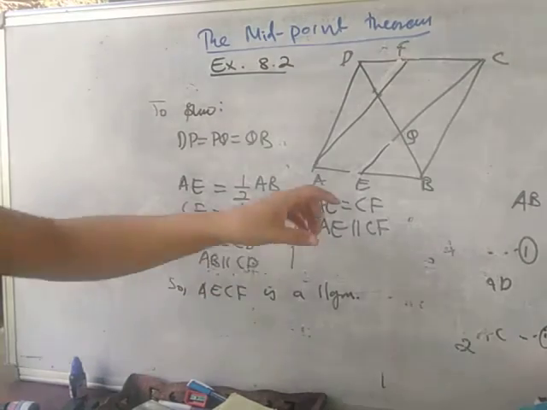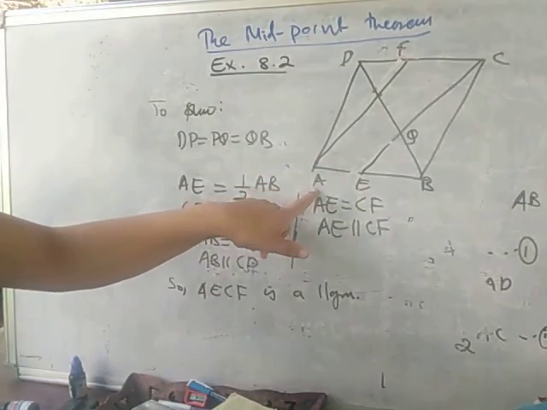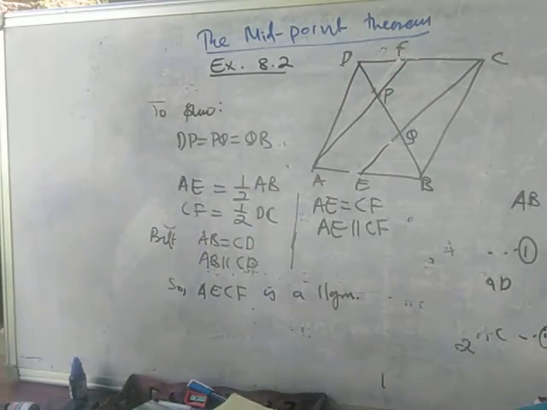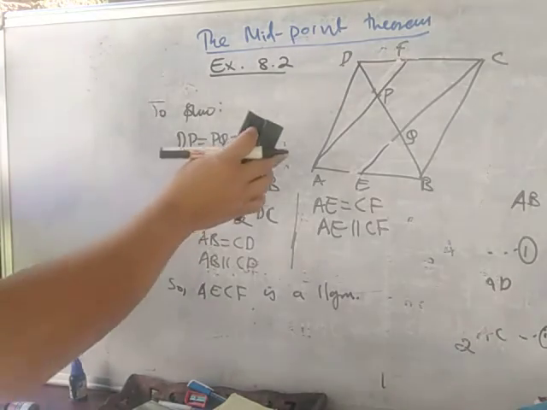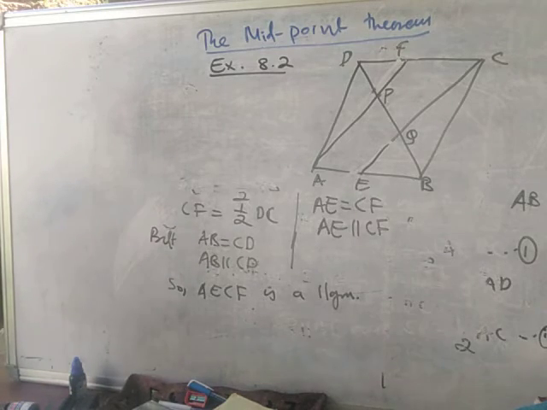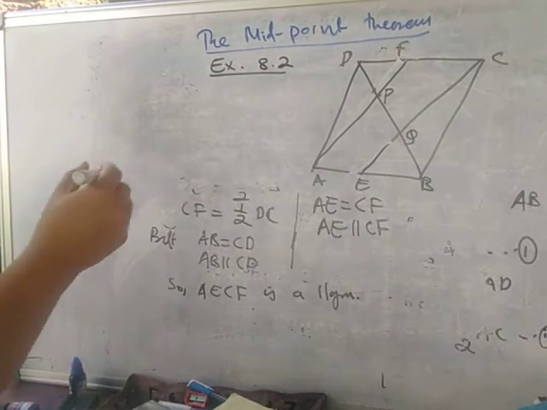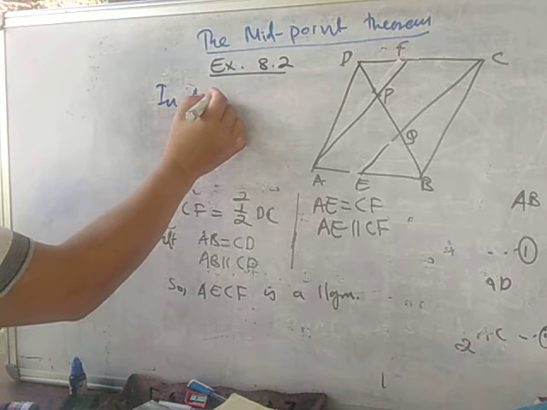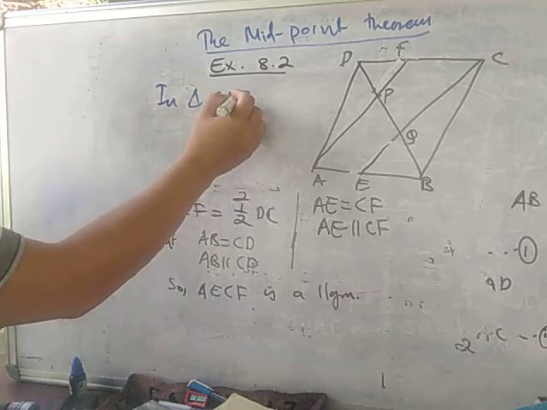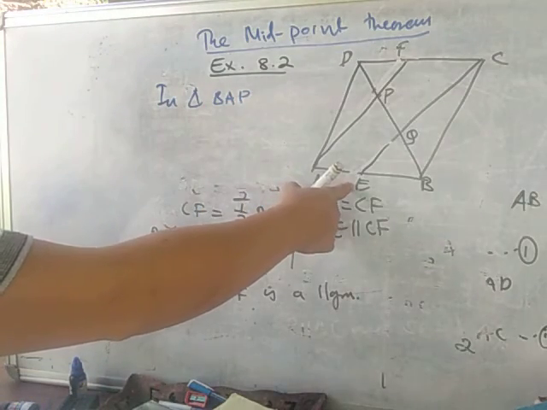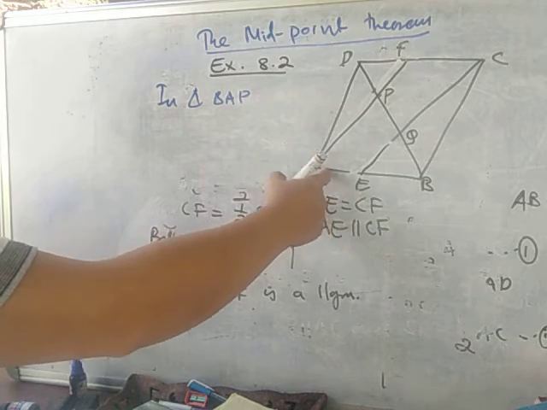Now next, triangle BAP. This point is P, isn't it? Now start in triangle BAP. Pause, okay, you'll understand. In triangle BAP, E is a midpoint of AB, isn't it?